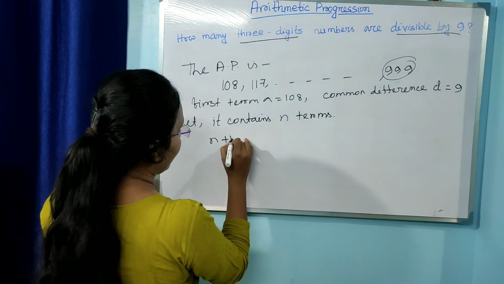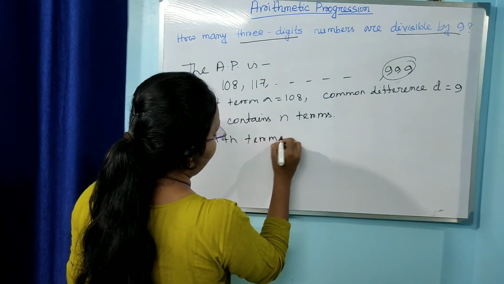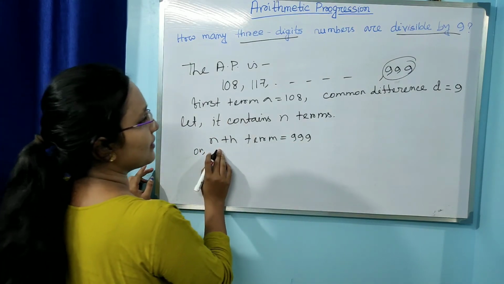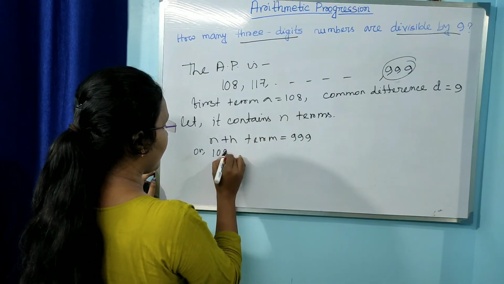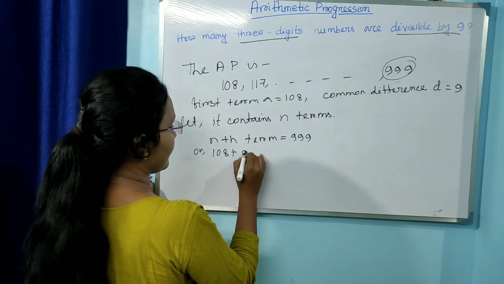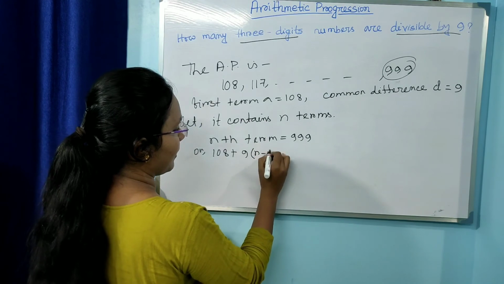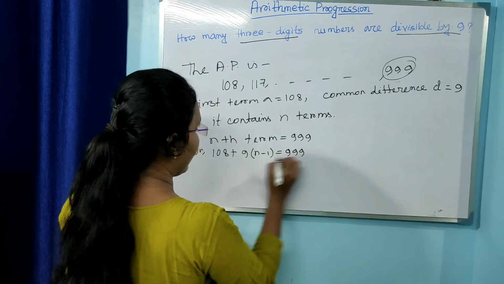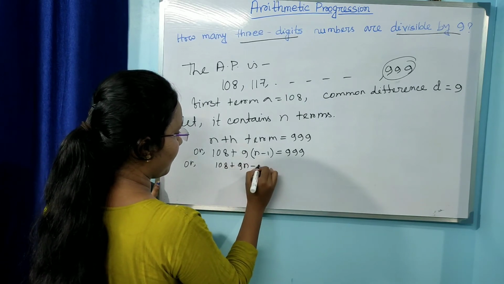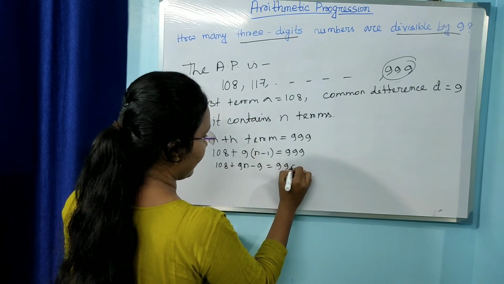So nth term equals to 999, or nth term means 108 plus common difference 9 into n minus 1 equals to 999, or 108 plus 9n minus 9 equals to 999.